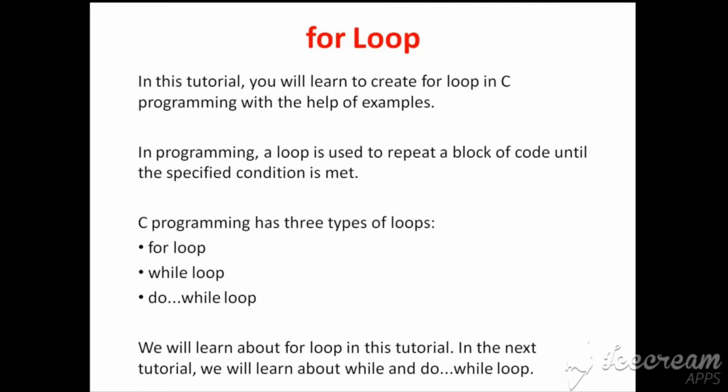of examples. In programming, a loop is used to repeat a block of code until the specific condition is met. So, instead of rewriting the code several times, we just put the code in a loop and this loop iterates several times. If I asked you to write your name 10 times, it is very difficult because you may write printf your name, printf your name, printf your name 10 times.